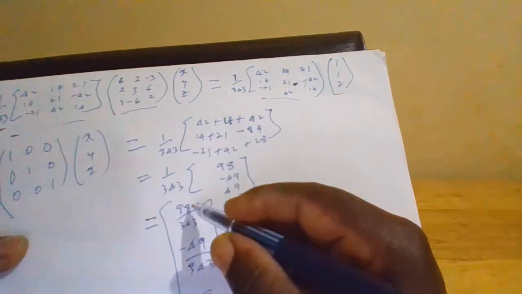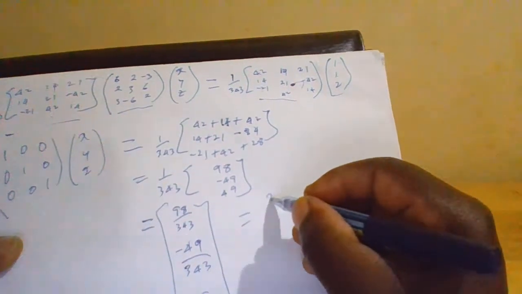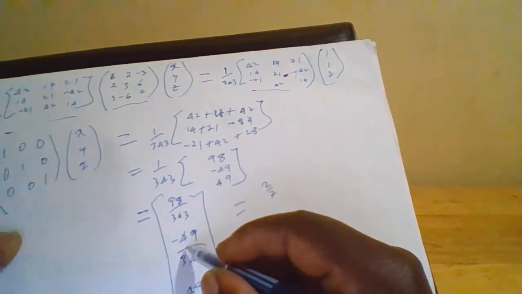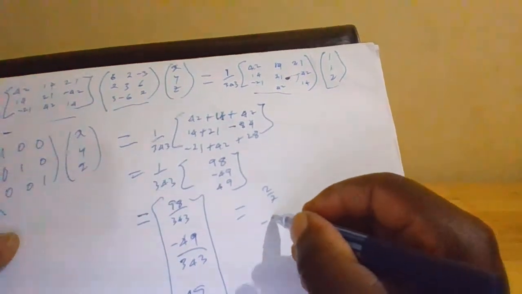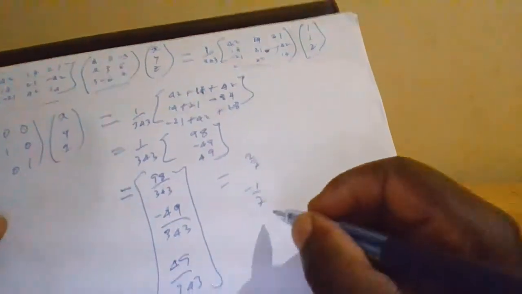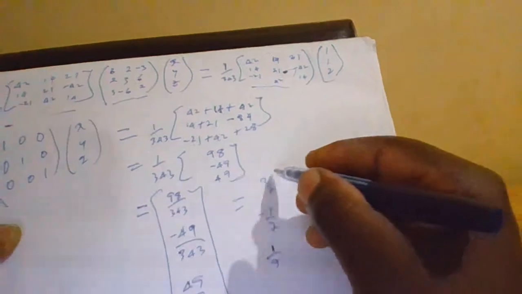So this will be equal to 2 over 7. This will be negative 1 over 7. This is 1 over 7.